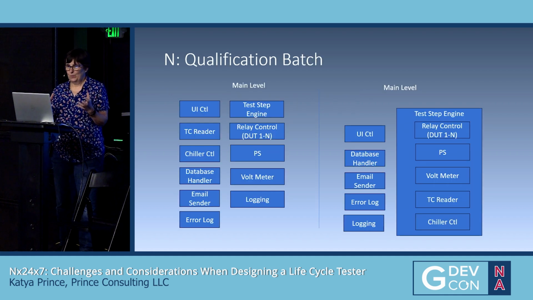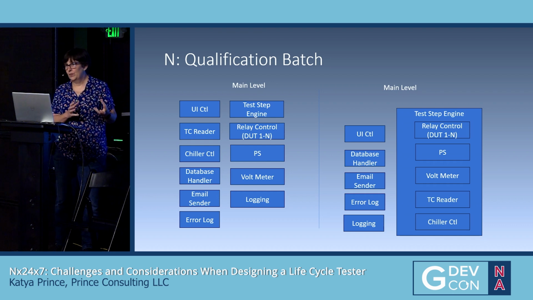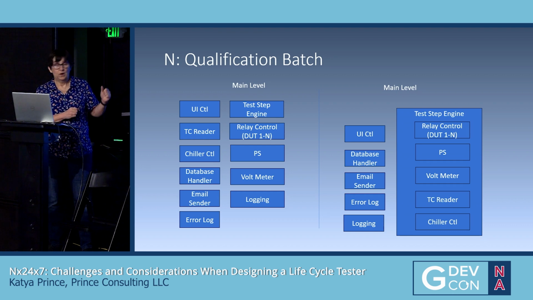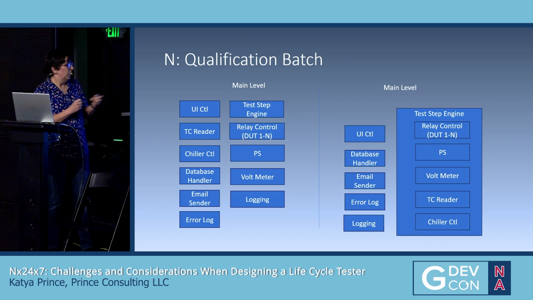When you're designing the software for qualification, you may do something like this on the left, where each one of those blocks could be considered an actor, a QSM, an engine, whatever you want to call it. But they could all be running in parallel with each other and communicating back and forth.